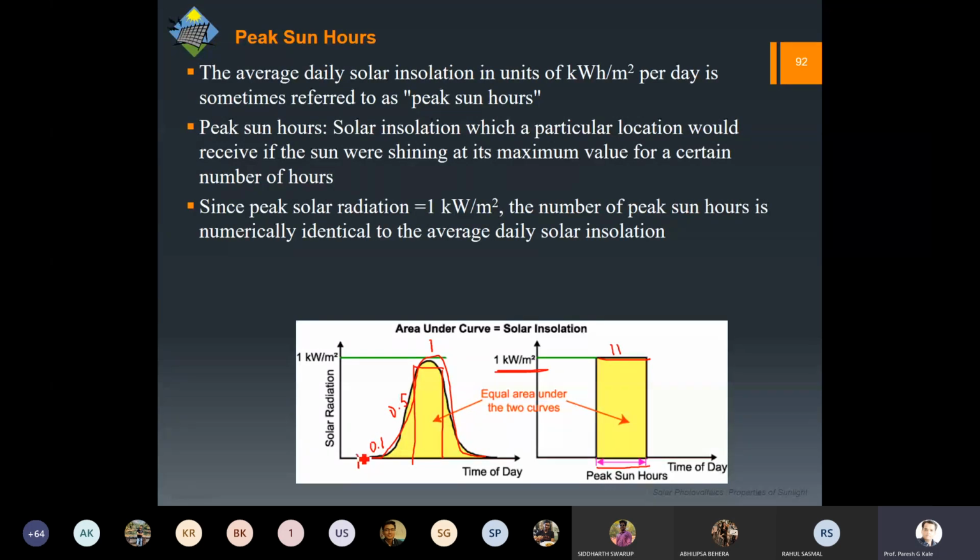So let us say if it is 12 hours and we get some total radiation, we can multiply and get the total number. So that much radiation we get for these many hours. Let us say 6. So if here we get 6 kilowatt total, these two are equivalent in the diagram.